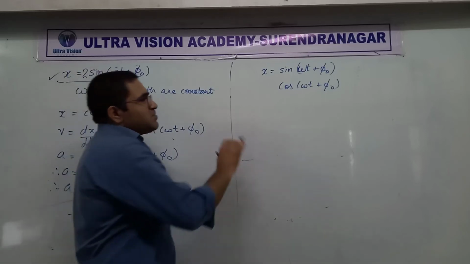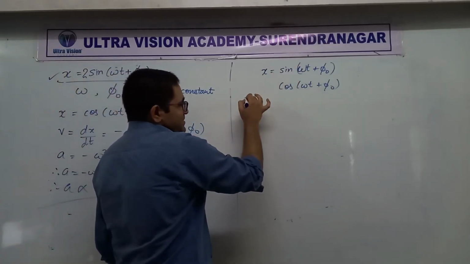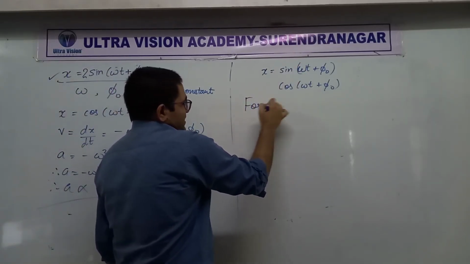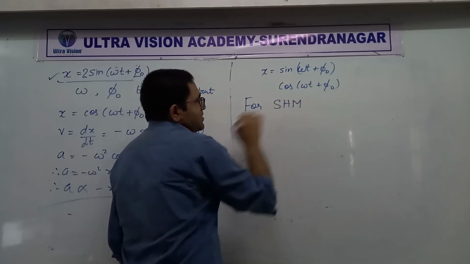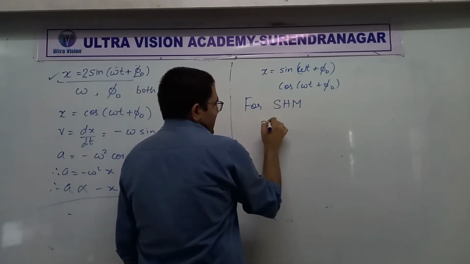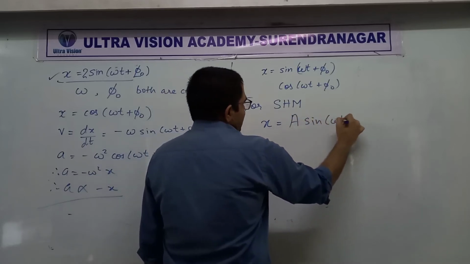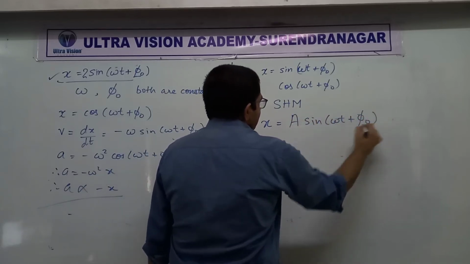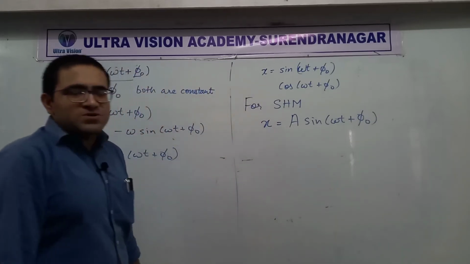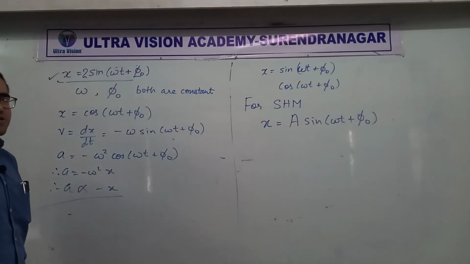So the most general formula for SHM is x equal to a sine omega t plus phi 0.